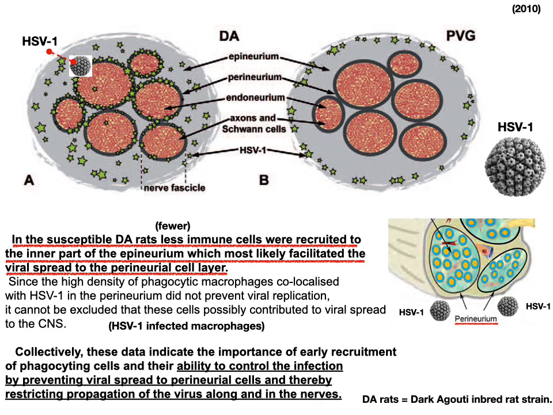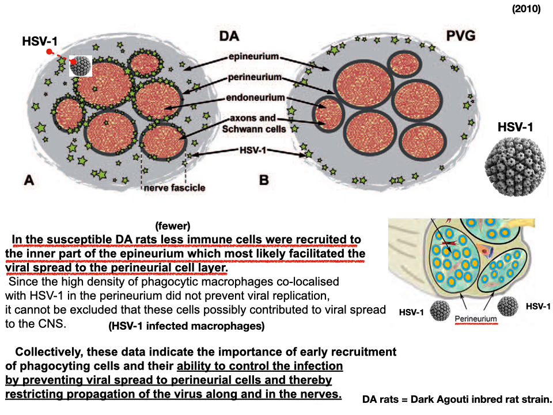Since the high density of phagocytic macrophages co-localized with HSV1 in the perineurium did not prevent viral replication, it cannot be excluded that these cells, i.e. HSV-infected macrophages, possibly contributed to viral spread to the central nervous system.